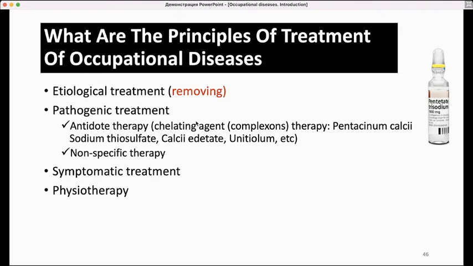But some of them can continue to experience symptoms. That's why for them we have antidote therapy and non-specific therapy.